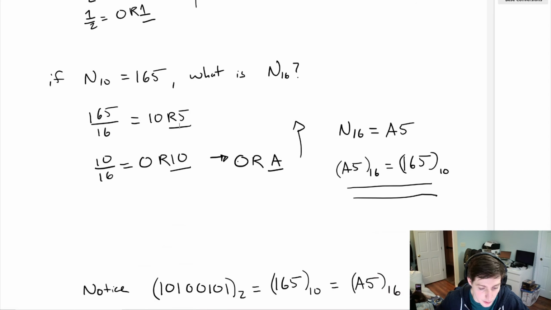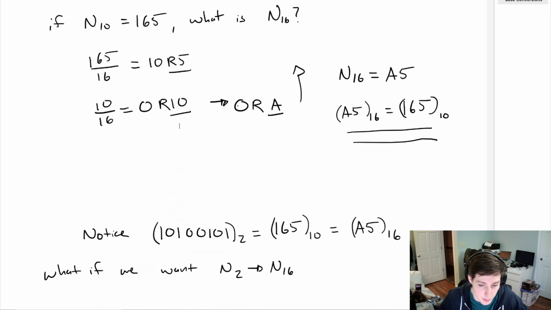We can look at a second example where we're using the same number in base 10, 165, and we want the equivalent in hex. So we take 165 divided by the base of 16, that's equal to 10, remainder 5. We take this value 10, divide that by 16, and we get 0, remainder 10.